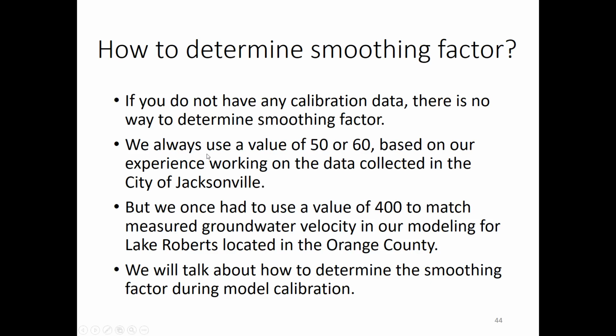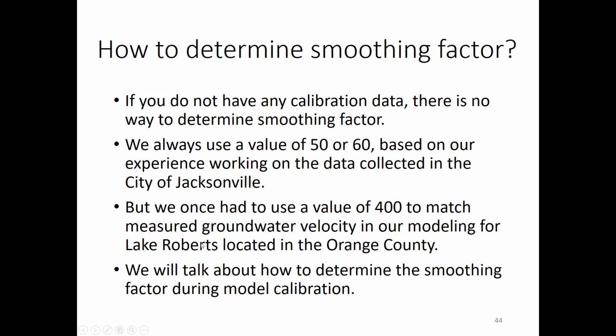So based on the example cases we ran for the city of Jacksonville, we always use a value of 50 or 60, and actually they probably do not make much difference. 60 is what you have seen in the Lakeshore example, and 60 is what we use for Kings Bay. But sometimes we use something really big.